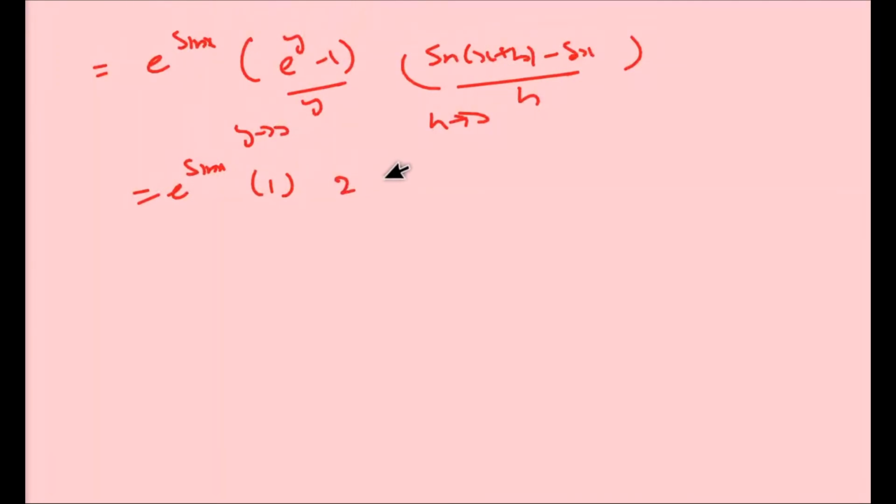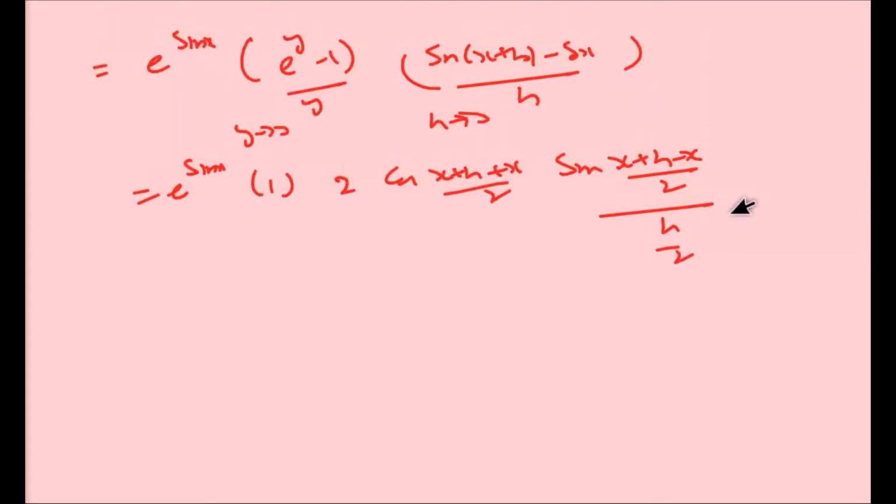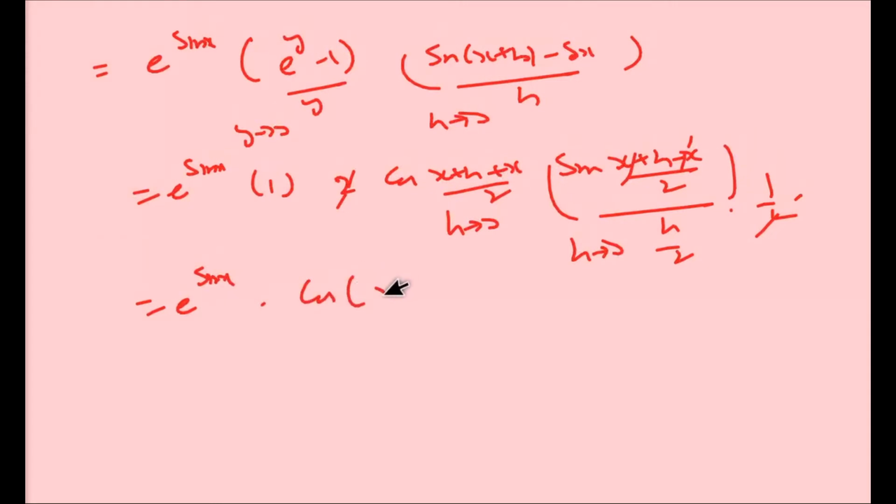Now I am doing again 2 cos of (c plus d) by 2, sine of (c minus d) by 2, and dividing by h. Here also we can take 2 and 1 by 2, taking the h limit. This cancels h. Now this is 1 and this 2 is cancelled from here, and putting the limit here we get e to the power sine x, cos x plus 0 upon 2, into 1.